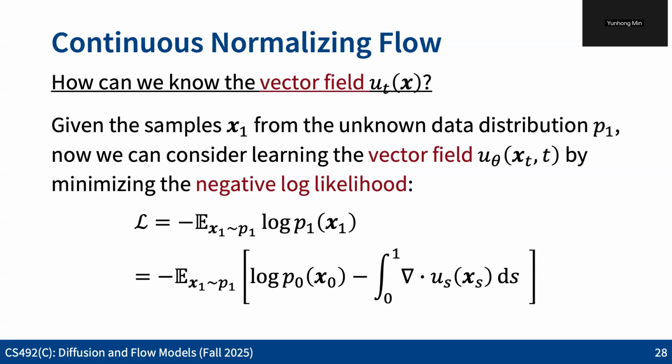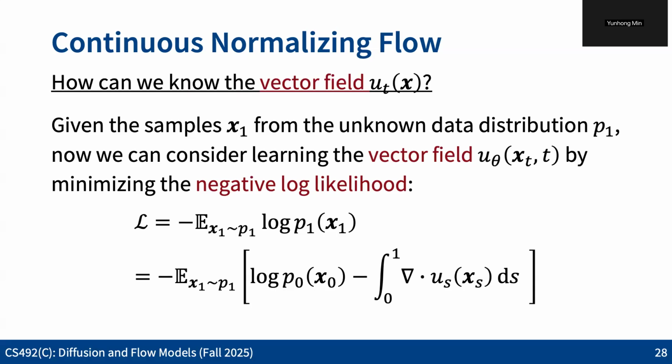But can you see what's the problem like this? If we train the vector field, the velocity prediction network, in this way, what would be the issue? You can really implement this, right? But what would be the issue with this? The issue all comes from solving the ODE.